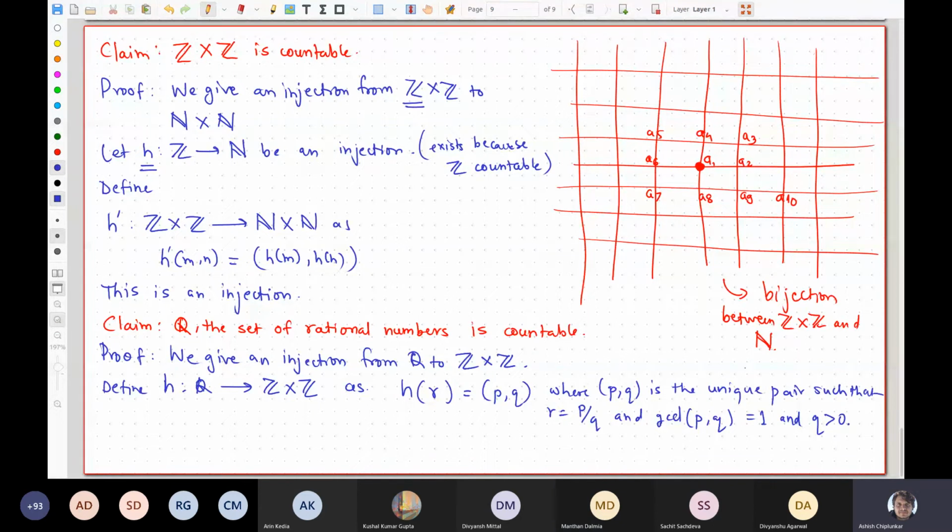So let's fix this. This is if R is not equal to 0, where (P, Q) is the unique pair such that... and otherwise we'll just define H of R equal to 0, that is, if R is equal to 0. So is this okay?